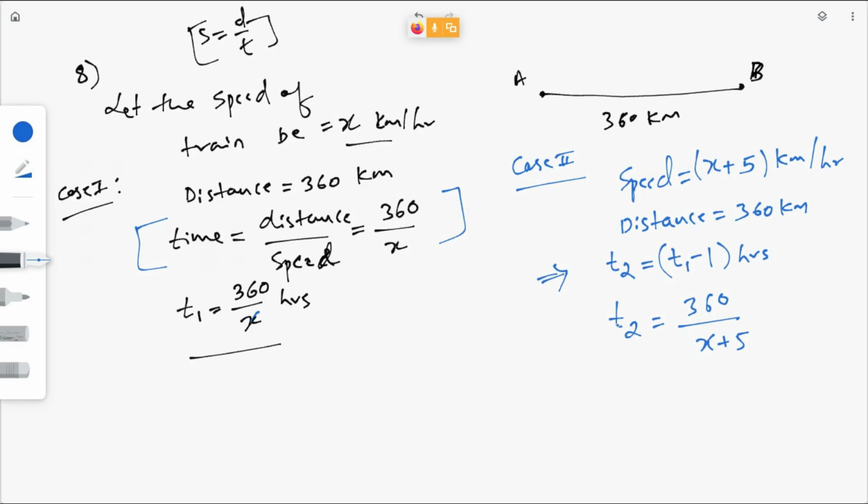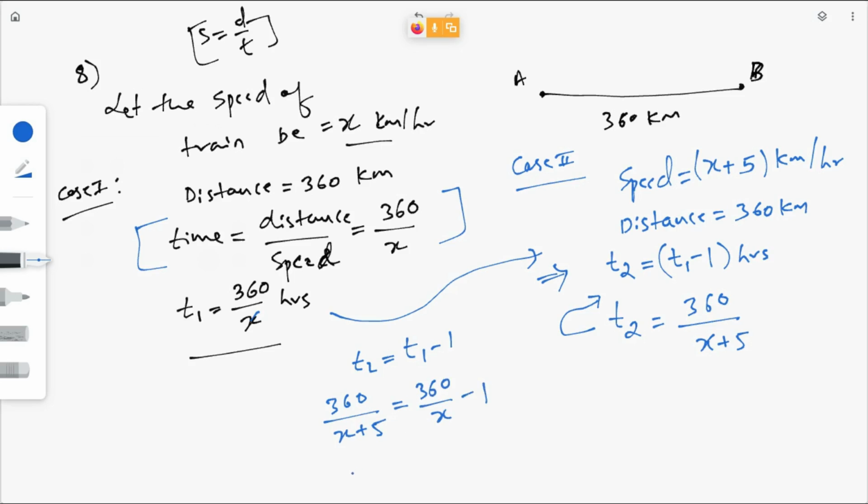This one, time taken in the second case is total distance divided by speed, so here it is x plus 5. Now substitute both t1 and t2 in this equation. The equation is t2 is equal to t1 minus 1, so 360 divided by x plus 5 is equal to 360 divided by x, minus 1.